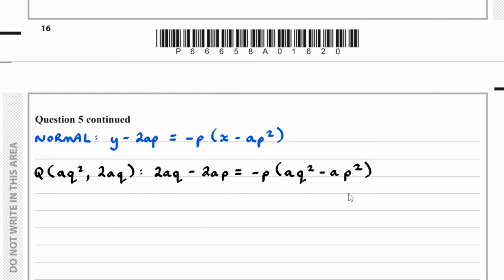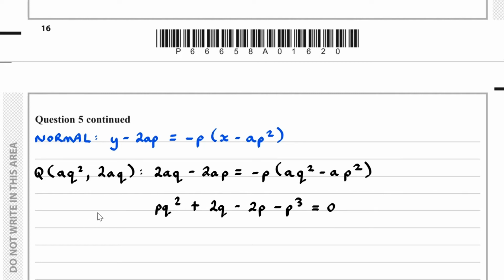And if we expand out, simplify and rearrange, you will find we have pq² + 2q - 2p - p³ = 0. Of course, we've divided through by a.